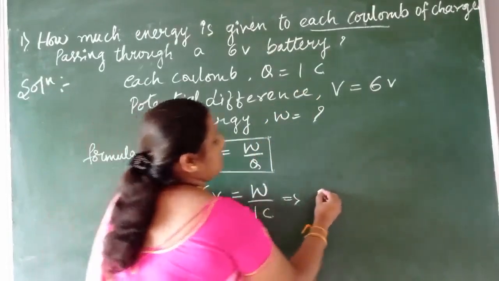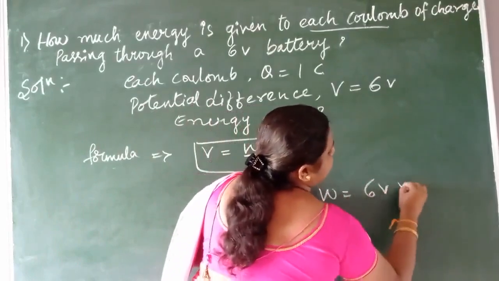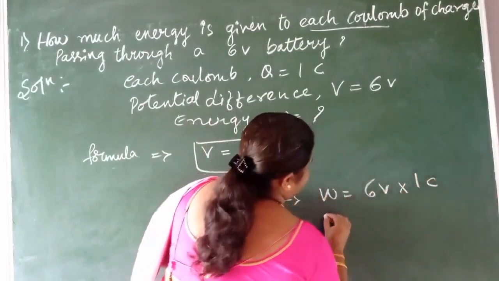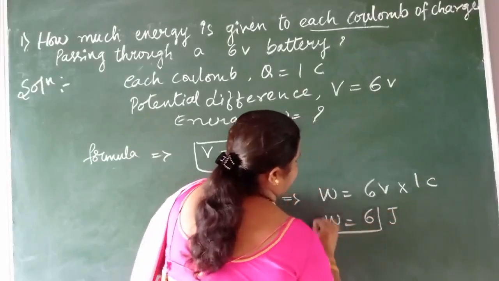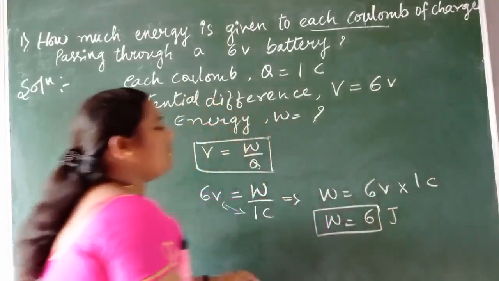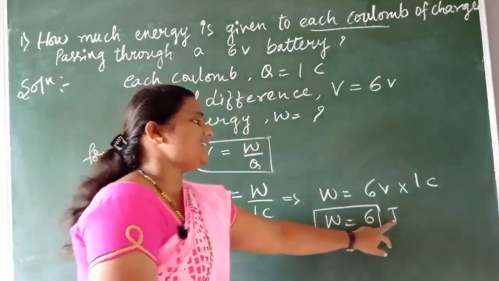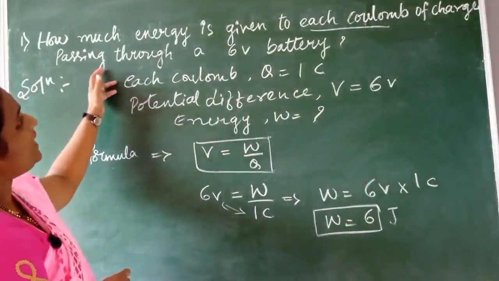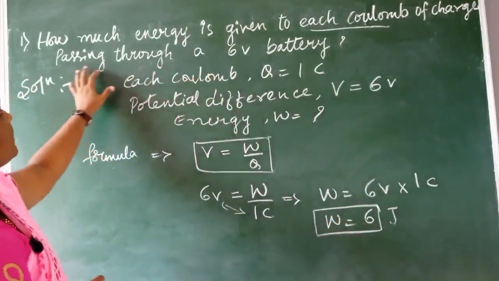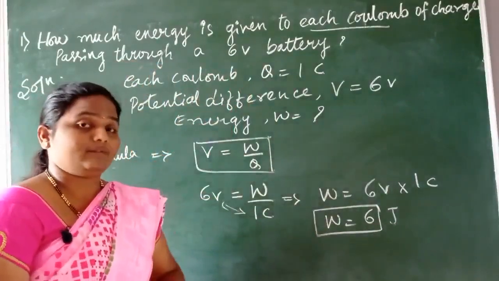W is equal to 6 volts into 1 C, so W is equal to 6 joules. So the energy used here is 6 joules of energy in bringing a charge when it is connected to a 6-volt battery.